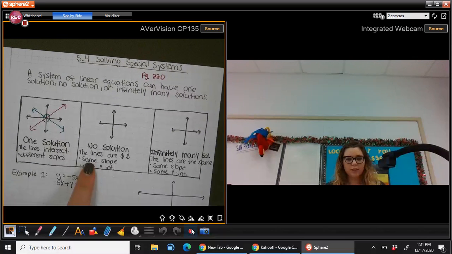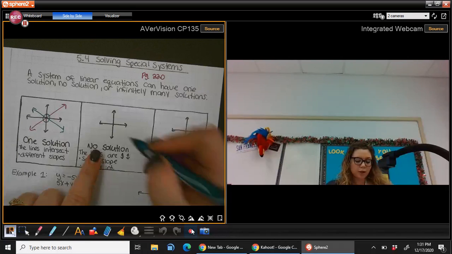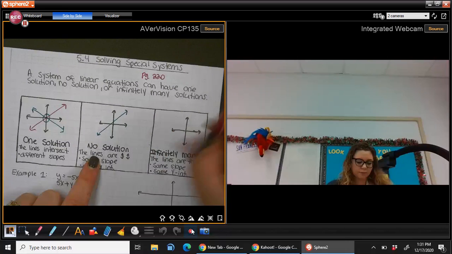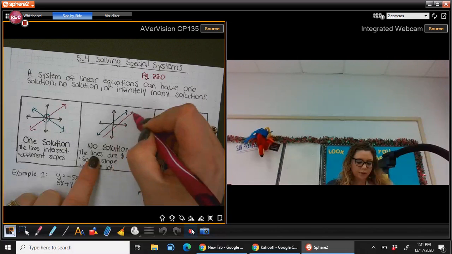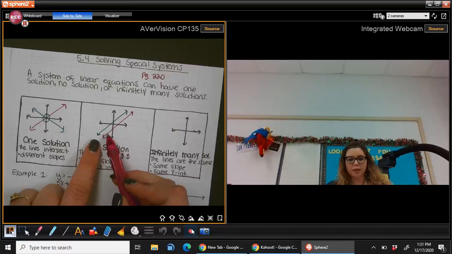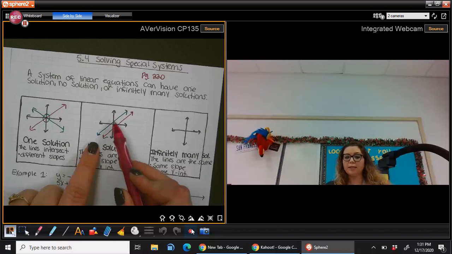No solution means they have no point in common. No point is going to make both equations true. They don't have any one point in common. So if you have no solutions, you're going to have parallel lines. Your graph is going to look something like this, and you can tell you don't have any point that is common to both of these lines.